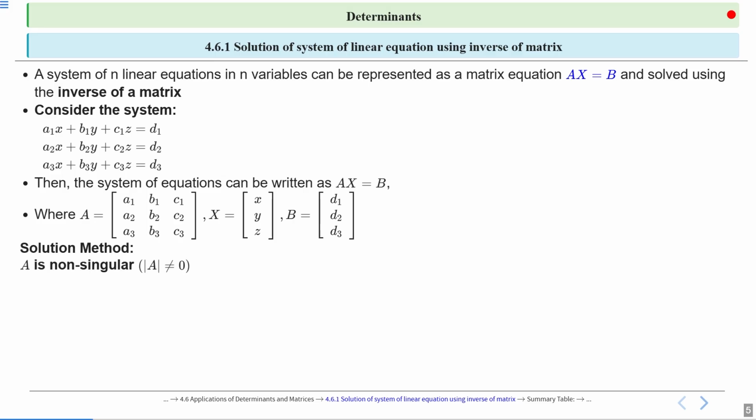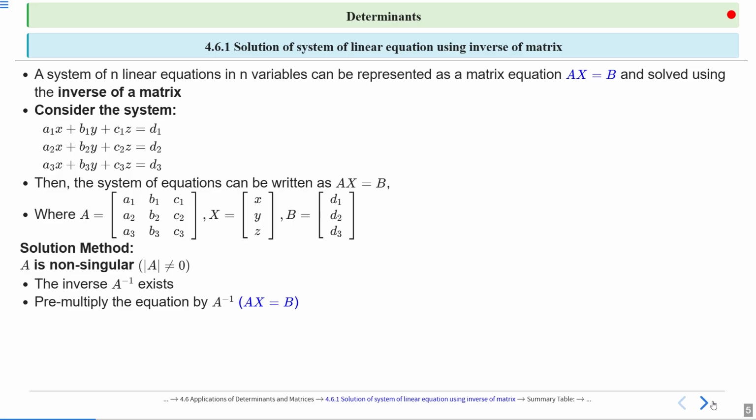So we know what a singular matrix and a non-singular matrix are. If A is non-singular, it means the determinant of A is not equal to 0. So in this case, A inverse exists, only if the determinant of A is not equal to 0.